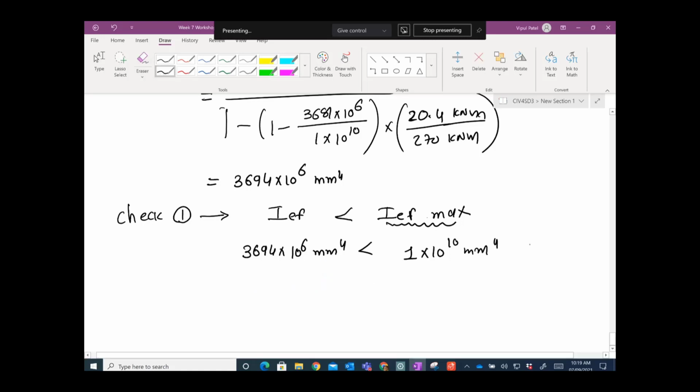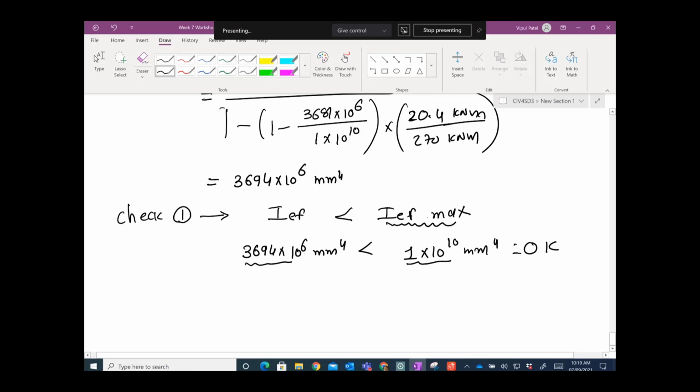That looks okay because this value is bigger. I checked in my calculator that this value is less than 10 to the power 10, so the first check is okay.